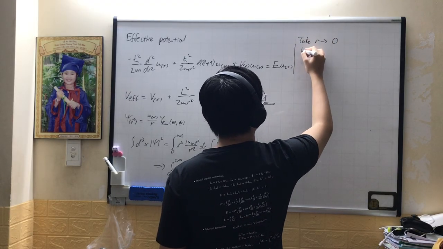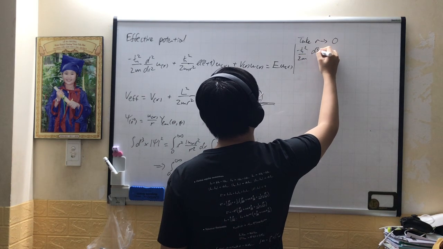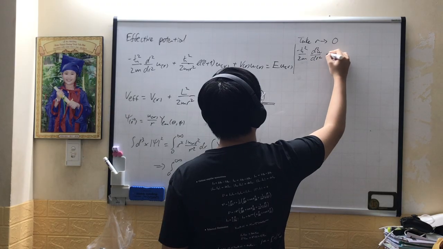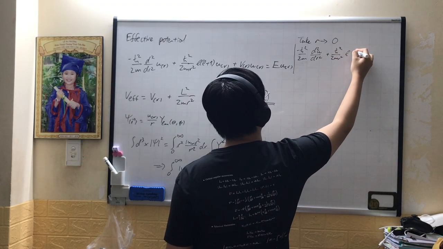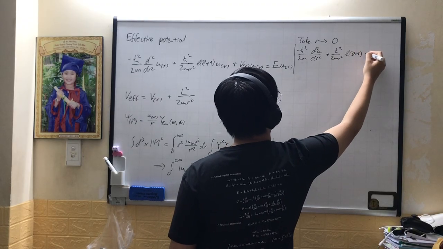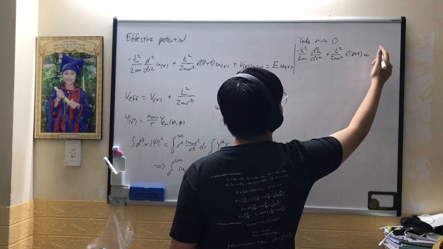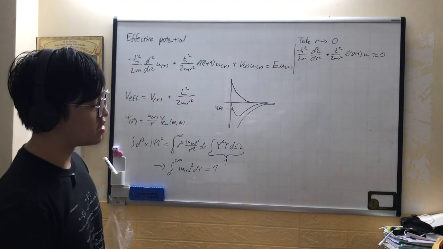What you get is that your Schrödinger equation has terms that would have to go to 0 as well, so it's going to be around 0.